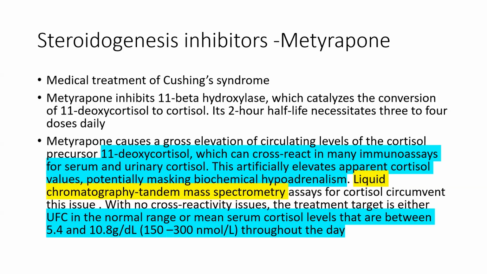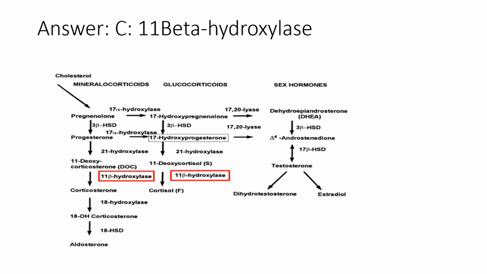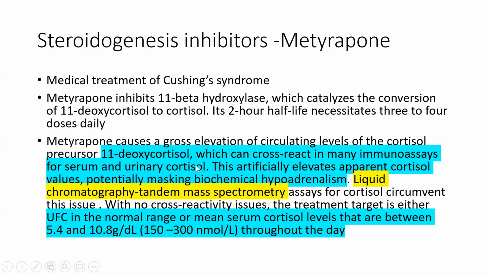So metyrapone, it's important to note that it can cause the gross elevation of circulating levels of the cortisol precursor, which is 11-deoxycortisol. So as we can see in this graph, it can cause an increase in the 11-deoxycortisol levels. This may actually cross-react with many immunoassays for serum and urinary cortisol, and that's why it will give us falsely elevated apparent cortisol values, and it will potentially mask an underlying biochemical hypoadrenalism, which can occur secondary to metyrapone.